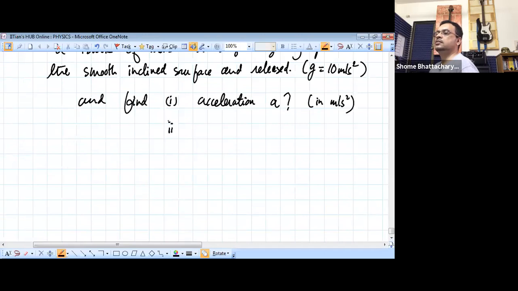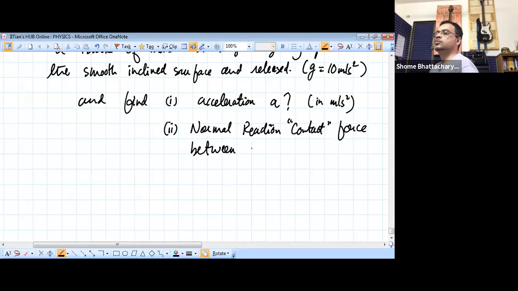And secondly, the normal reaction contact force between the block and the inclined surface. And this is in newtons.